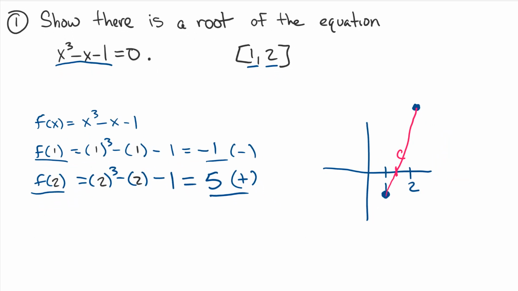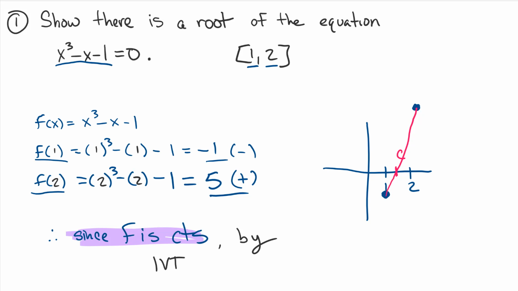All right. So then we can say, therefore, 3 little dots means therefore. We're about to say something cool. Since f is continuous, this must be written down. This is the huge part. If it's not continuous, we can't say any of this. There we go. By IVT. And then we just restate this right at the beginning.